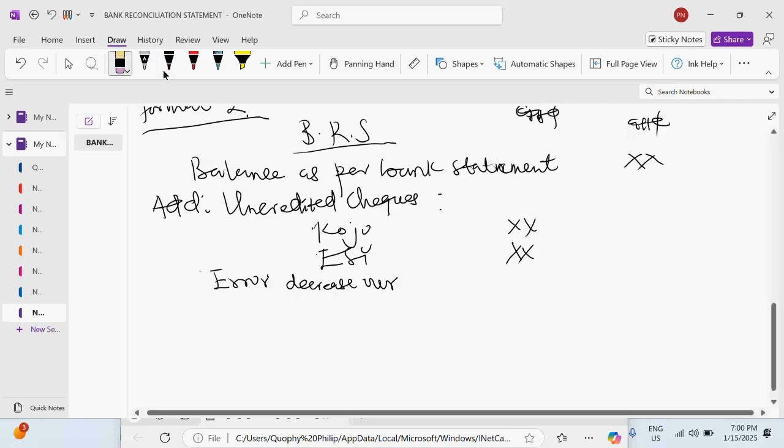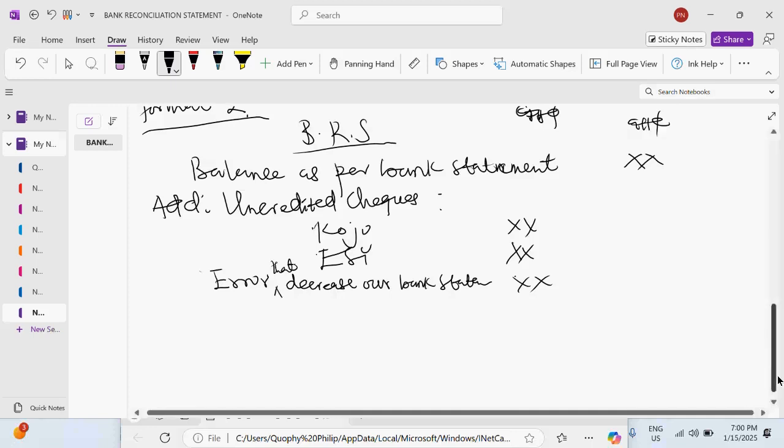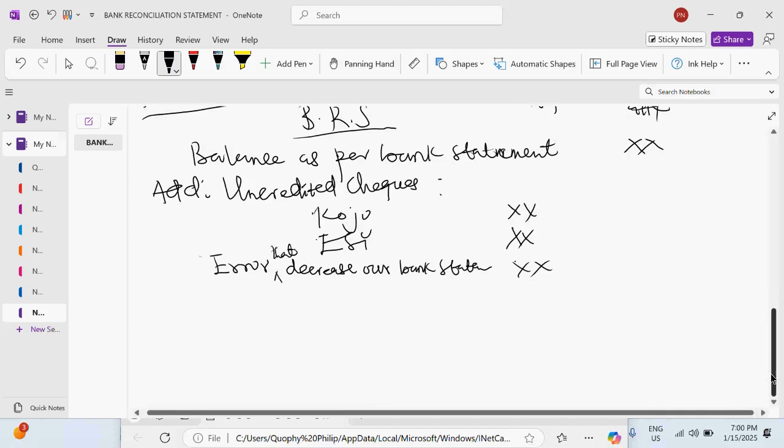Error that decreases our bank statement. Right? So someone said wrong debit, or is it wrong debit or wrong credit?